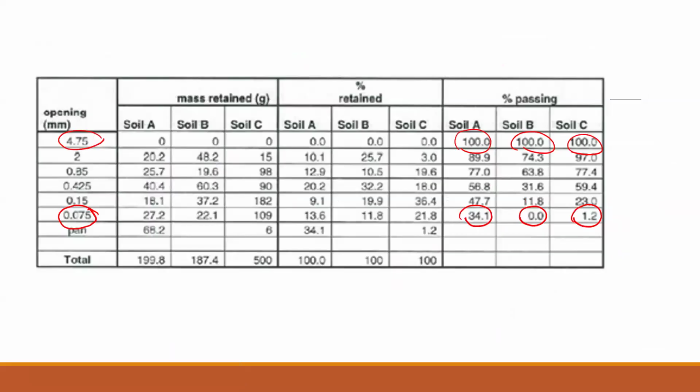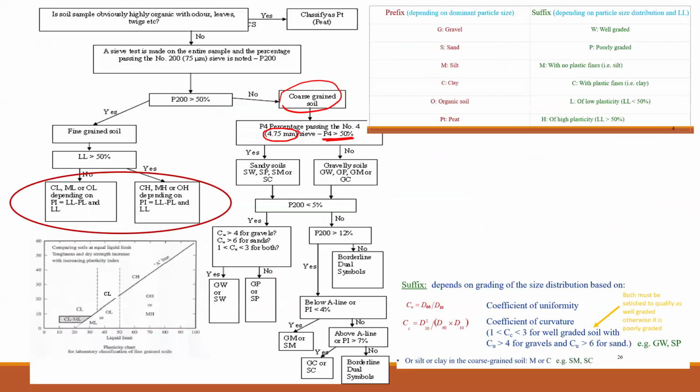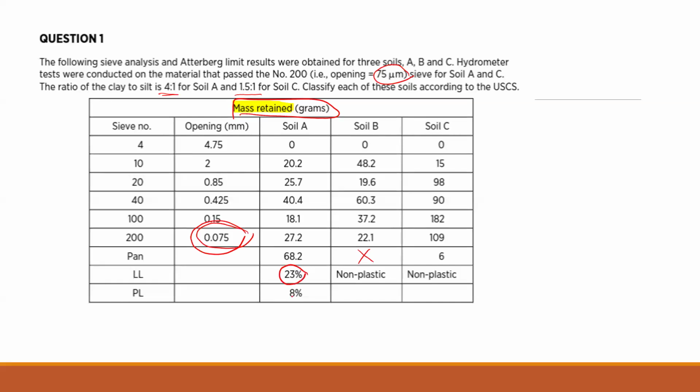If you look at our question, the liquid limit is 23%, the plastic limit is 8%. So our plasticity index is the liquid limit minus the plastic limit, 23 minus 8.